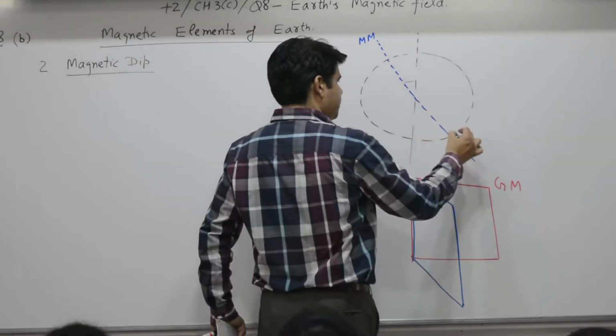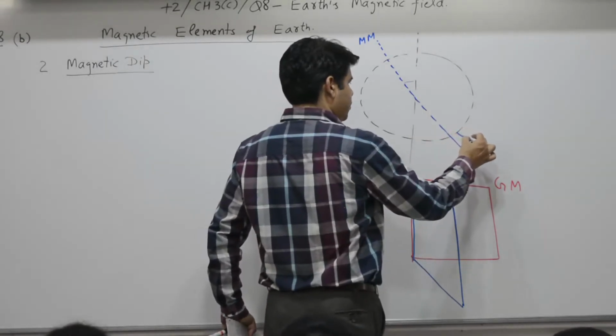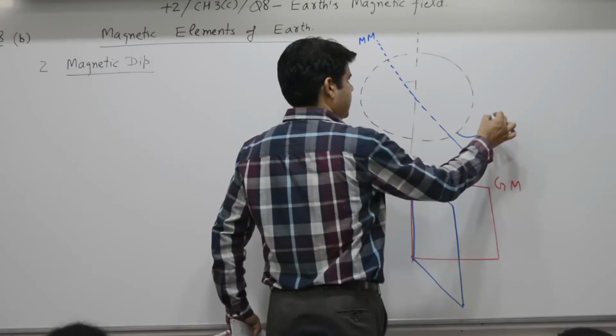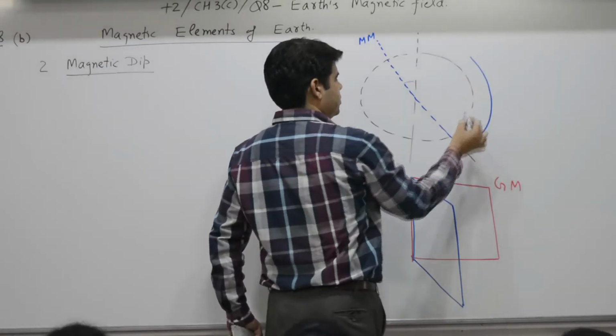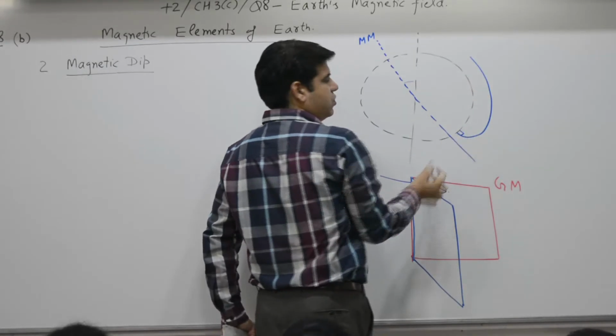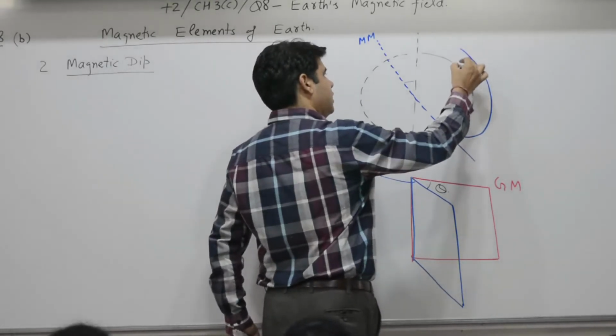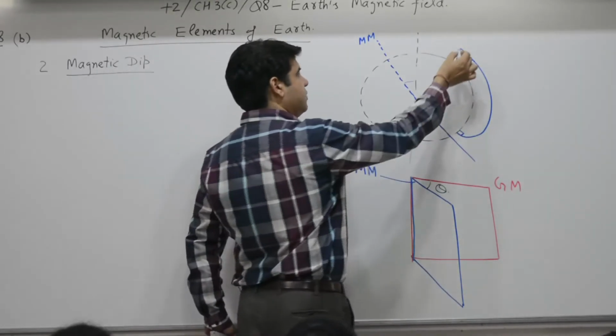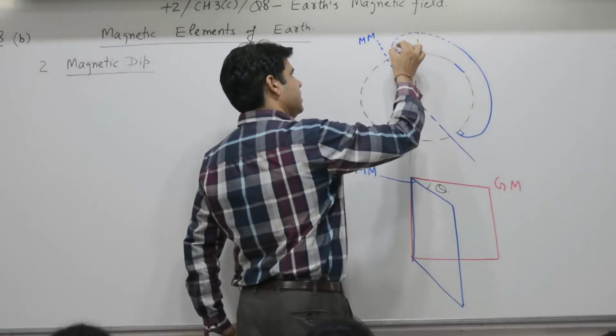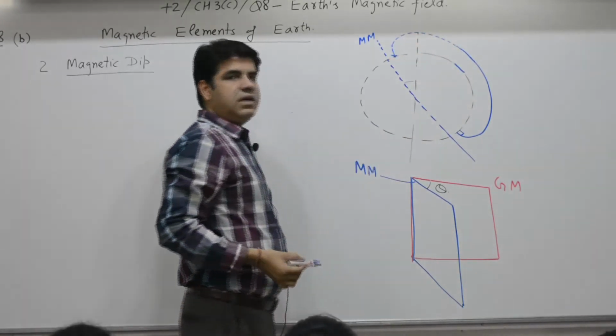If you consider this to be a magnet, the line comes out of the surface at different positions. Here it is perpendicular to the surface, our surface. Here at this point it is parallel to the surface. So at different positions, this line makes different angles.